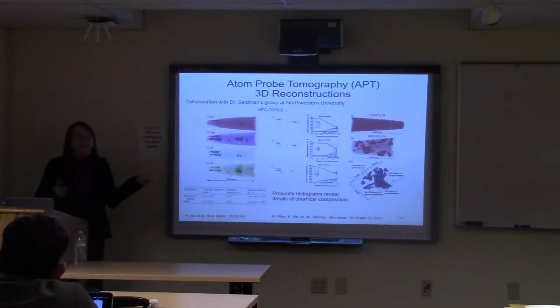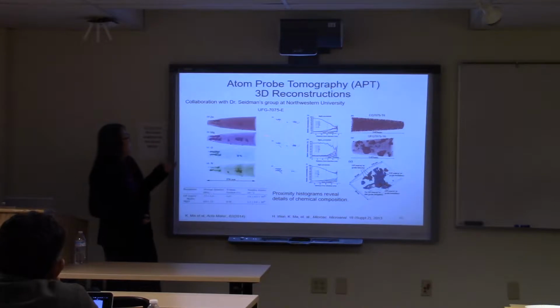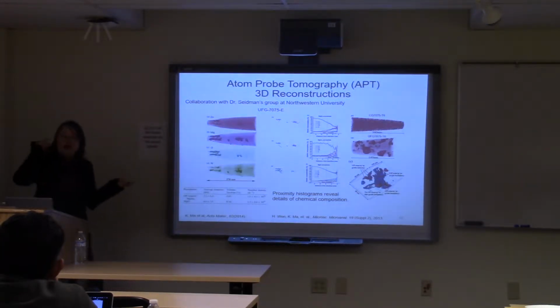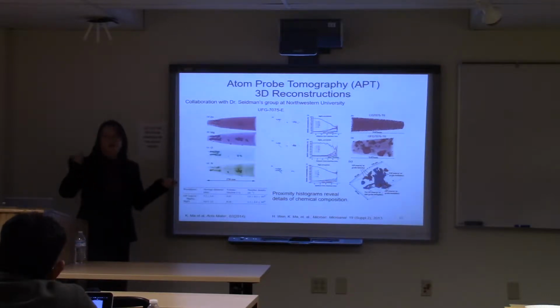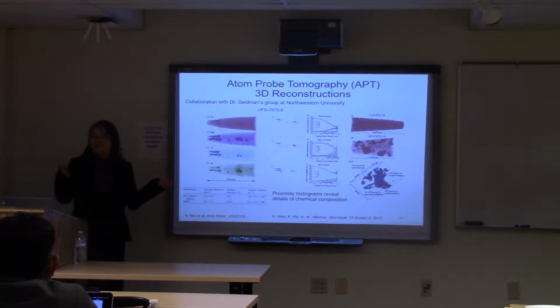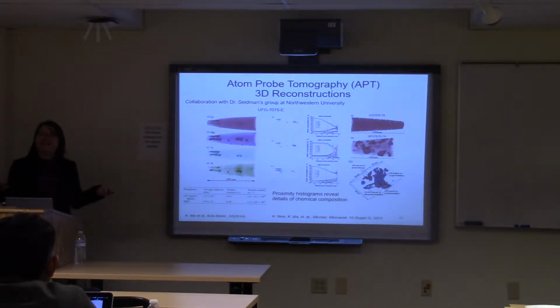So that's some collaborating work I have established with Northwestern University, where they use a technique called atom probe tomography, which can help you identify the chemistry of each atom. I only showed one sample here, but we made a lot of samples because those samples are narrow pillars. If you want to get a real sense, you need to make a lot of samples and calculate them to get a more statistical value.